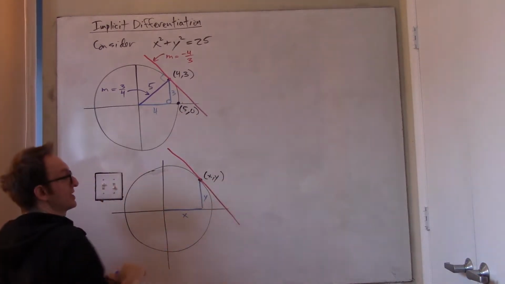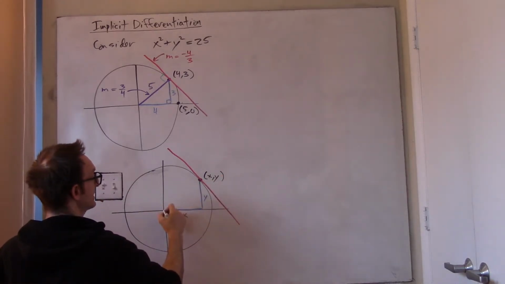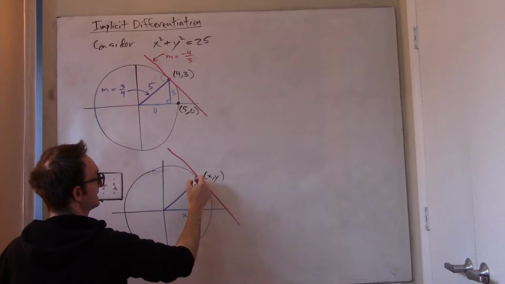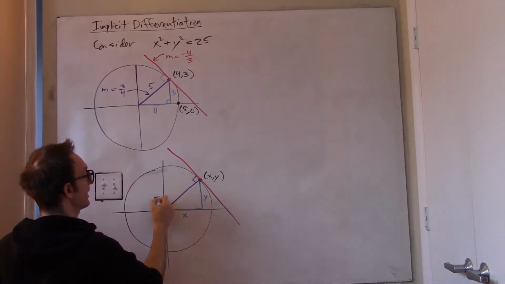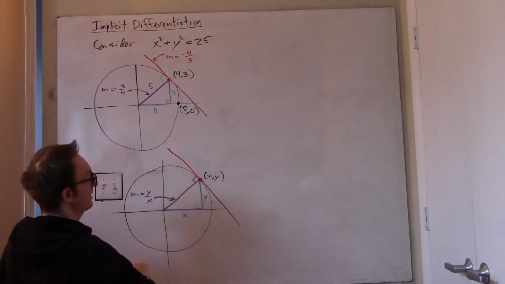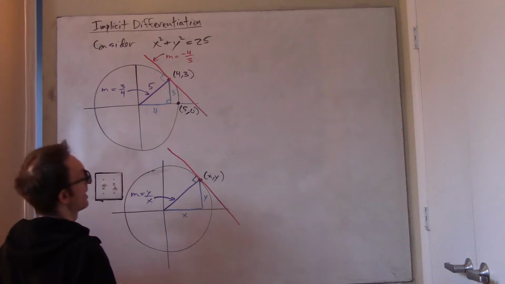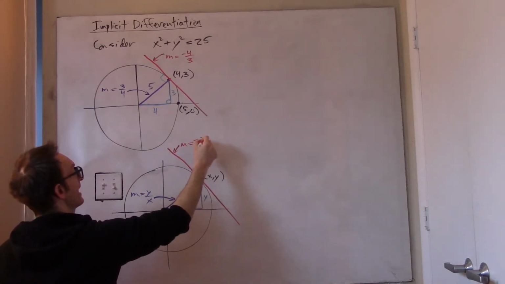The tangent line itself is going to be perpendicular to this, and what is this purple line? Well, it has a slope equal to y over x, and therefore the slope of this red line is going to be negative x over y.